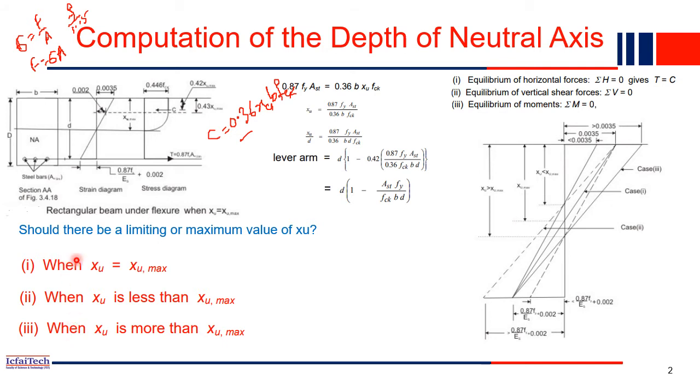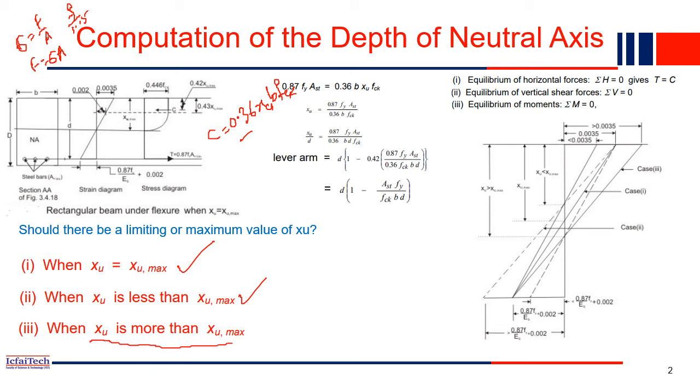So now these are the three cases I just discussed. First one is if XU is equal to XU max, means both the fibers are failing simultaneously, the steel as well as the concrete. Second case is when XU is less than XU max, this case 2 is allowed. So case 1 is allowed, case 2 is also allowed. But case 3 is what?